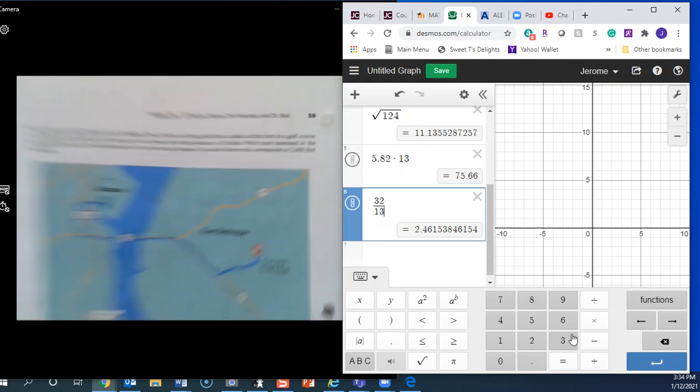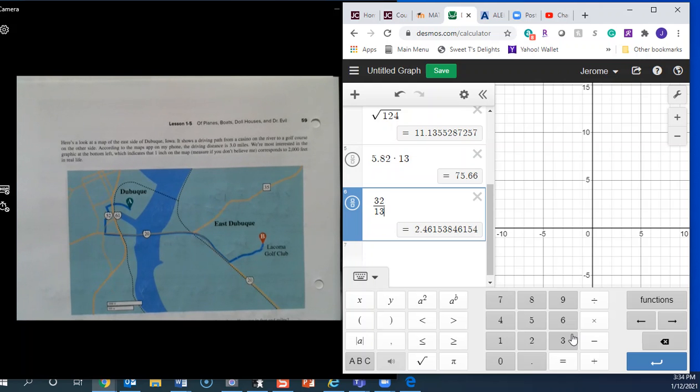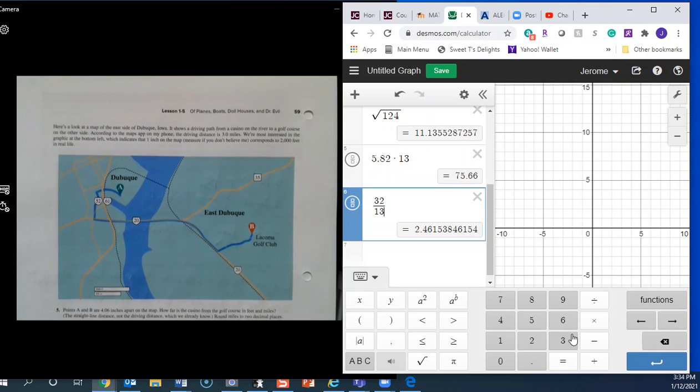Okay, now we go here to the back. It says, here's a look at a map of the east of Dubuque, Iowa. It shows a driving path from a casino on the river to a golf course on the other side. According to the Maps app on my phone, the driving distance is 3 miles.